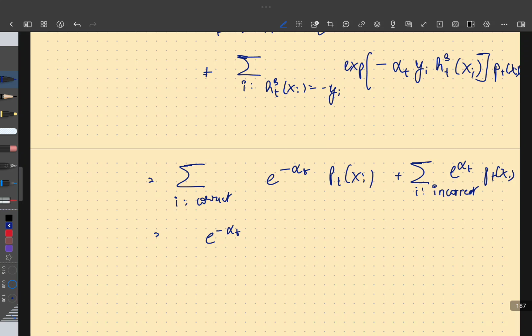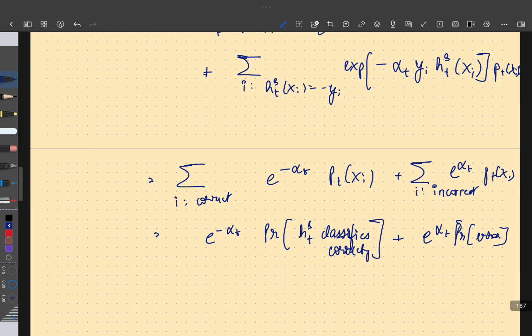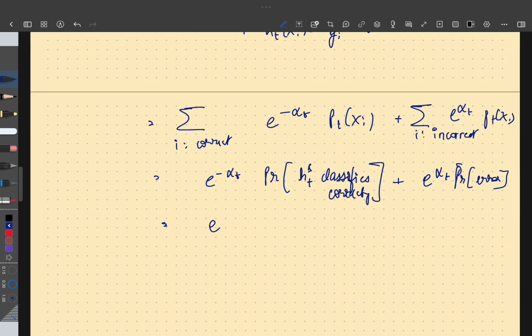So this is e to the power minus alpha t times summation over all i such that x i was classified correctly of p t of x i, which is simply the probability of correct classification, plus e to the power plus alpha t times the probability of error, which is nothing but e to the power minus alpha t times 1 minus epsilon t, because epsilon t is the probability of error, plus e to the power alpha t times epsilon t.